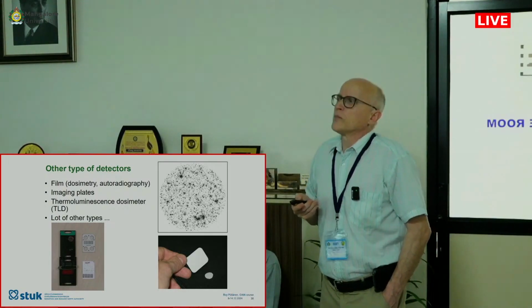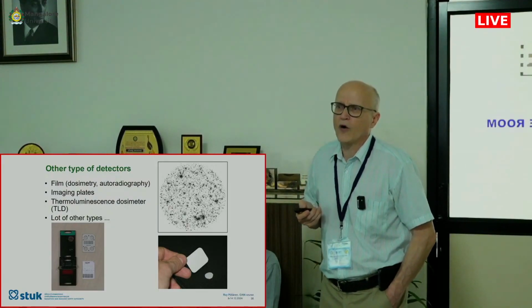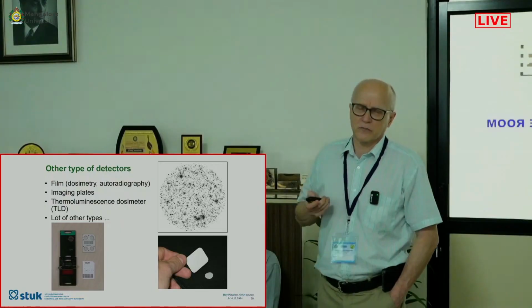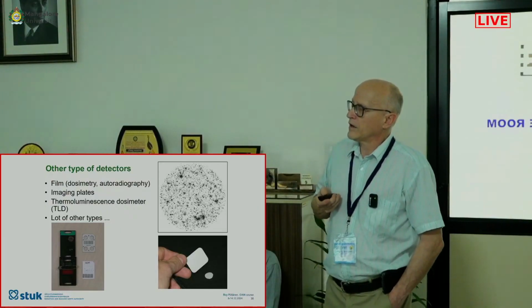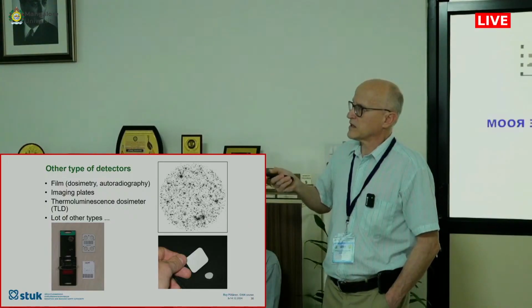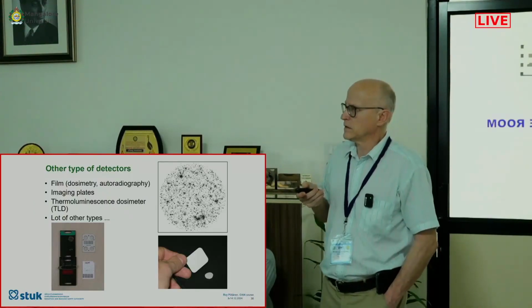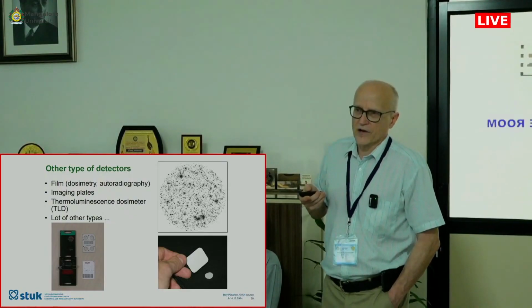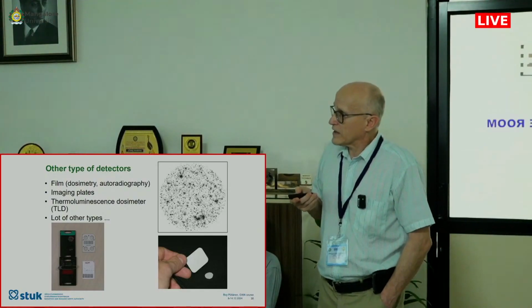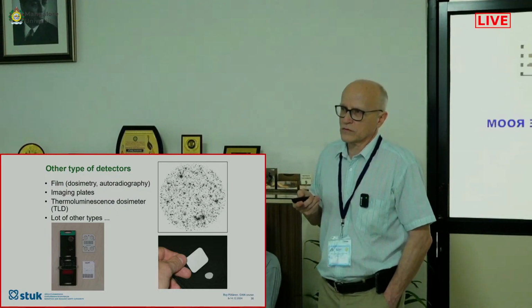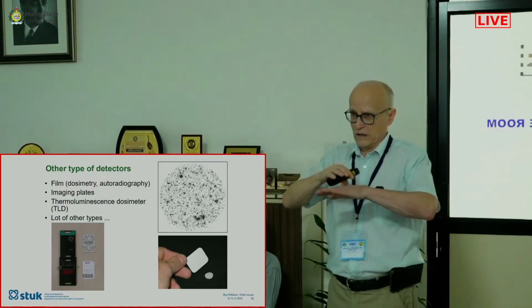And the purpose was to check how radioactive materials are dispersed in the filter. So you can see that each of these black spherical areas shows the location of so-called hot particles.